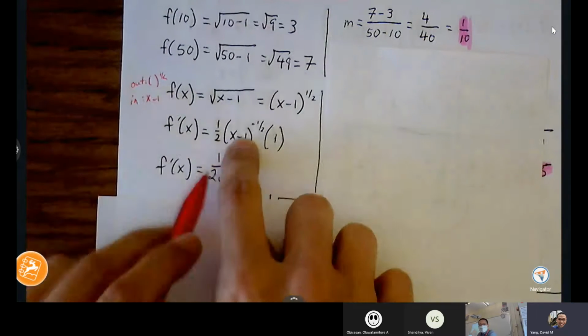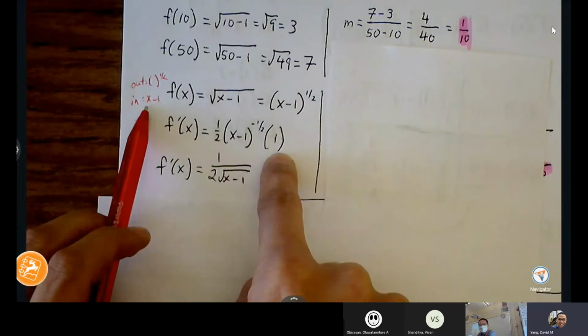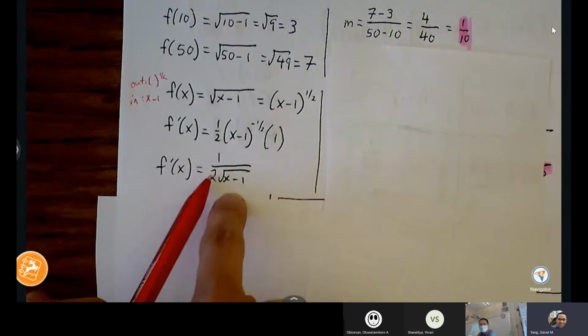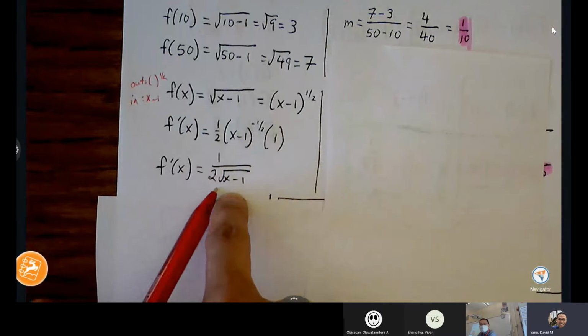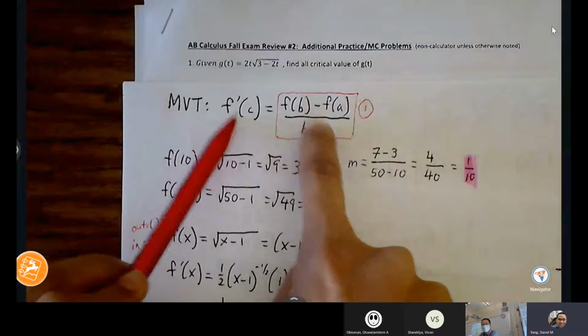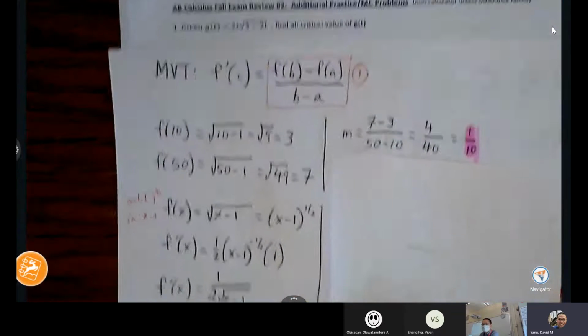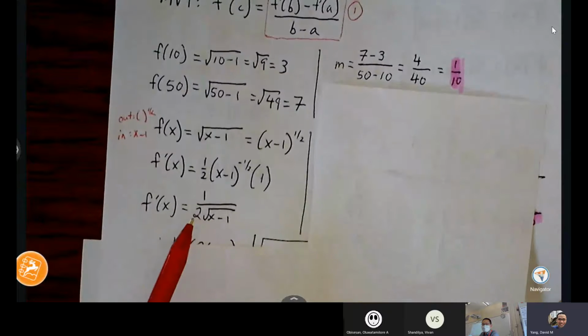So outside derivative, I have 1/2, parentheses to the negative 1/2. Inside derivative times 1. I clean up my derivative, and I set it equal to the slope. So now I have the two pieces that I need with mean value theorem. I'm just going to set them equal to each other and try to solve for x.